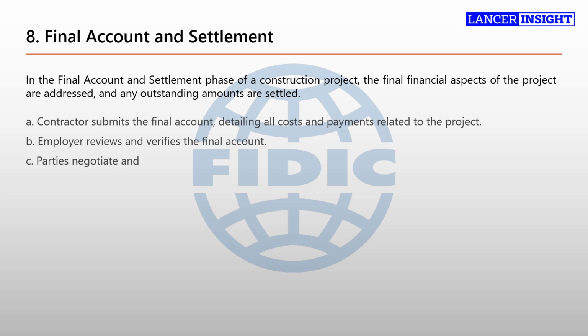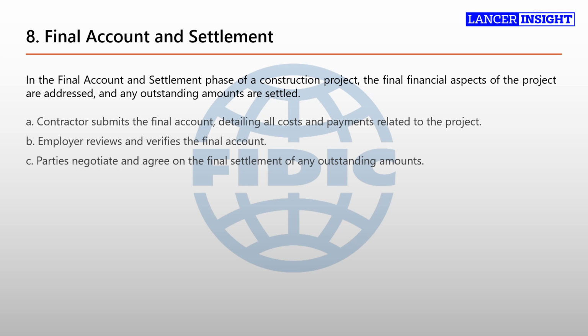C. Parties negotiate and agree on the final settlement of any outstanding amounts. Once the employer has reviewed and verified the final account, negotiations between the employer and the contractor take place to determine the final settlement of any outstanding amounts. During these negotiations, both parties discuss and resolve any discrepancies or disagreements regarding the final account.